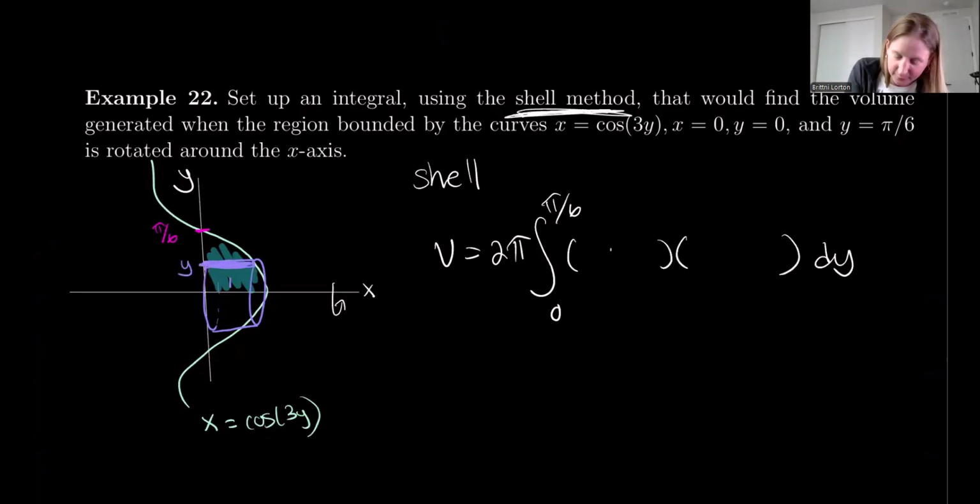So my radius is y, and the height is the x value. Take a look at this. It's just a cylinder on its side. That's all it is. So that is an x value, and it goes and touches the cosine graph. So x equals the cosine of 3y is the height. Maybe we should label that to be consistent. Here's my radius. Here's my height.